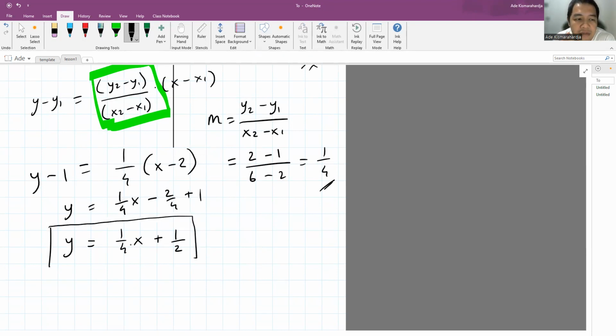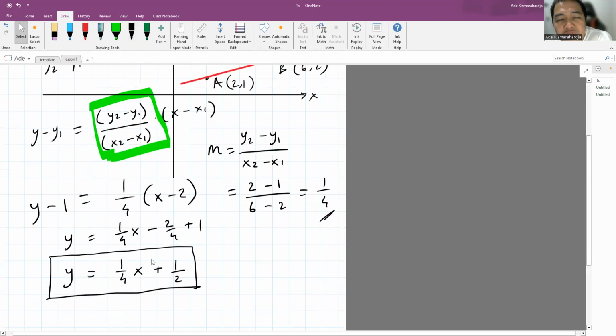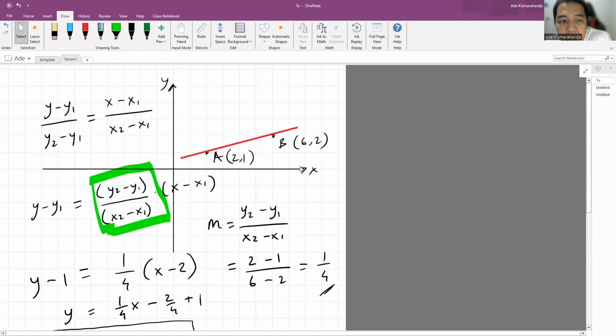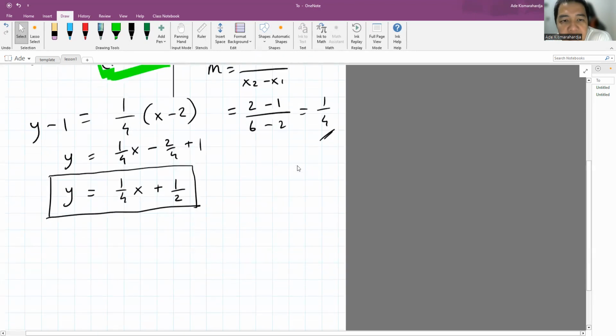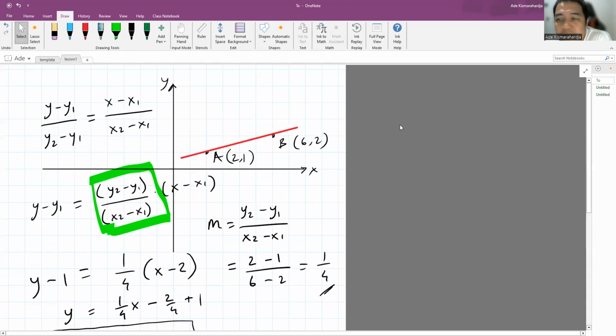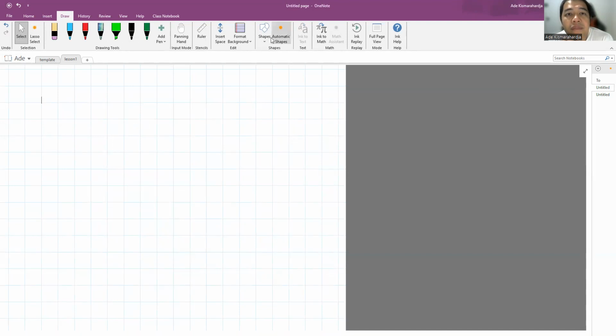Very classic method, right? Now I'm going to show you another method to get this equation. This is the second method. Let me first bring the diagram.